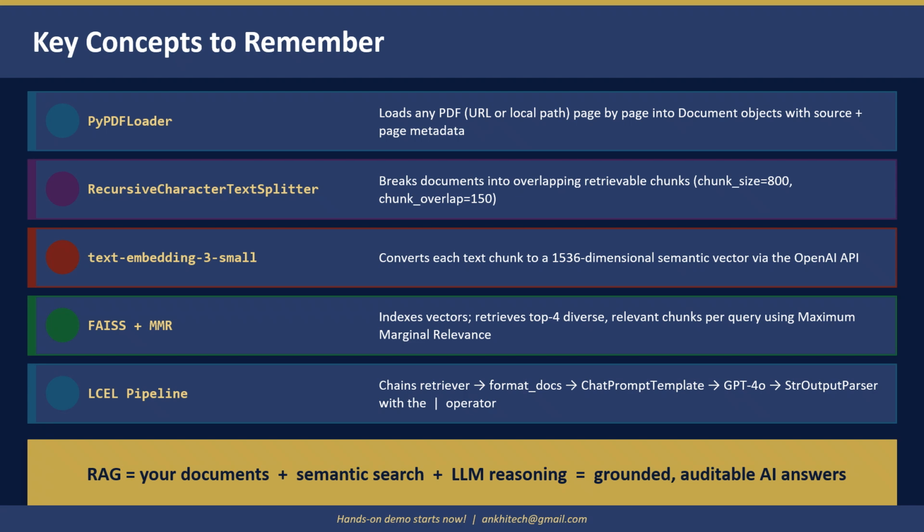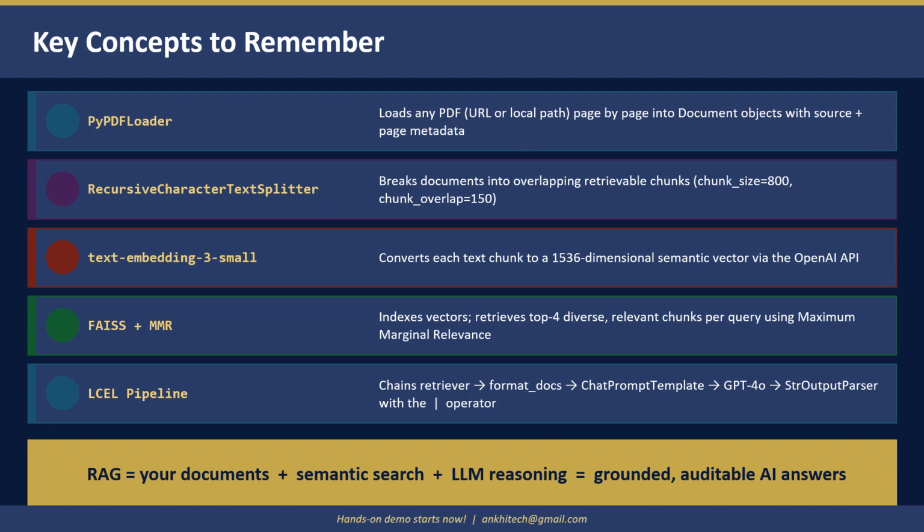Now, at the end, the key concepts to remember. So before we open the notebooks, let's do a quick recap of the 5 components that make up the RAG pipeline. Starting with the PyPDF loader, which will load any PDF, whether it's a URL or a local file, and returns document objects with source and page metadata. Second is the recursive character text splitter.